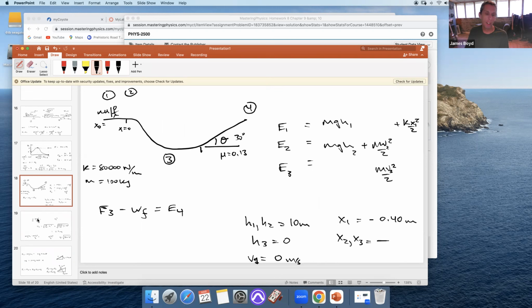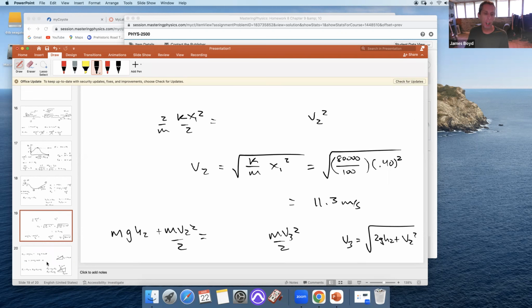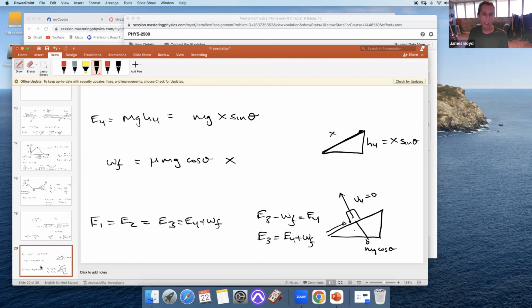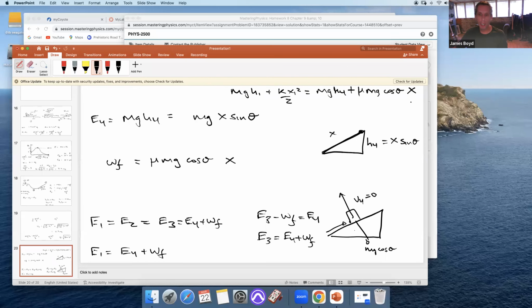Let E1 equal E4 plus the work of friction. I'm going to write that up here. So mgh1 plus kx1 squared over 2, that's energy 1, is equal to mgh4 plus mu mg cos theta times x.